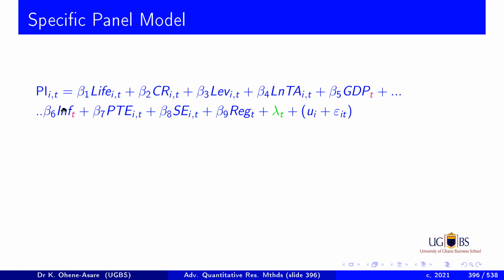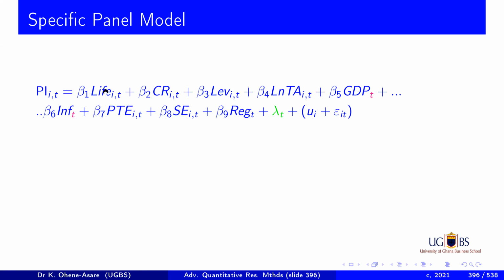It was changing across time, but not across firms, because all firms face the same inflation. And this was also pure technical efficiency, changing across individuals and across time, scale efficiency, changing across individual and across time. And then we had regulation. The regulation was changing across time, but not across individual.